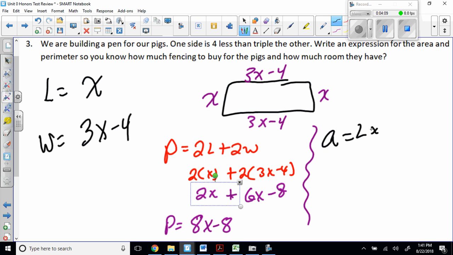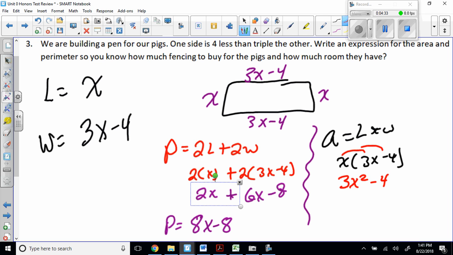Now, let's do the area. Area equals length times what? So that's going to be X times (3X minus 4). And ladies and gentlemen, I want the purple. Purple there. No, red there. All right. Sorry. So that's 3X what?